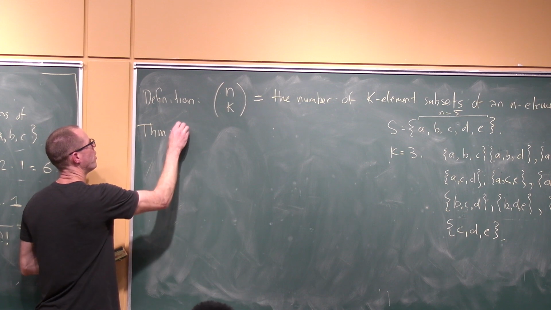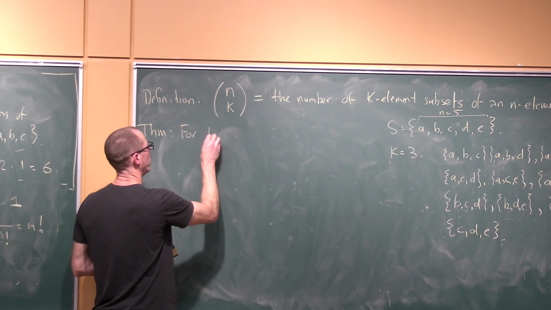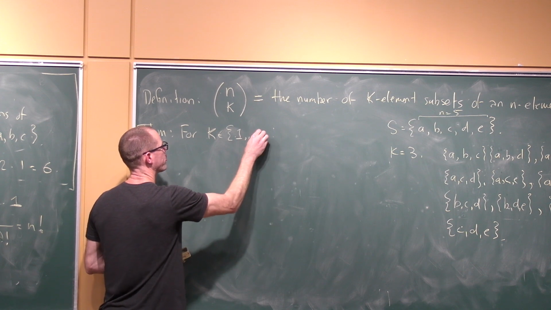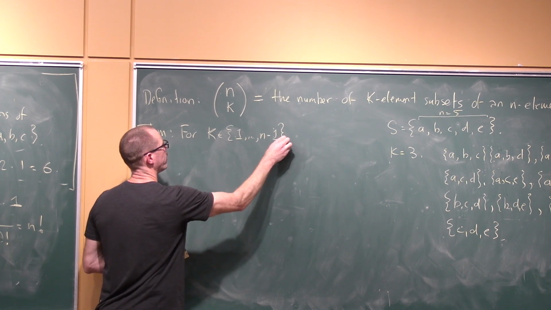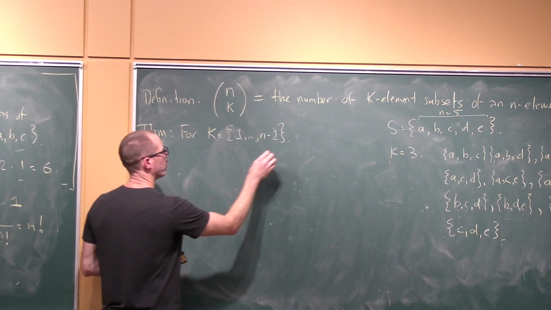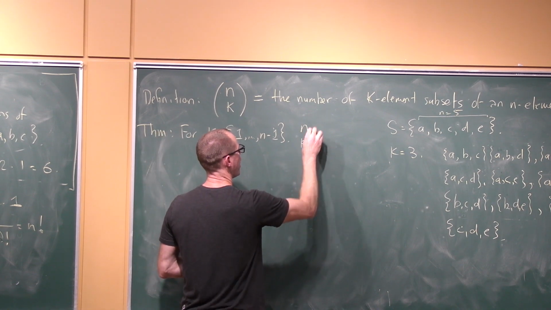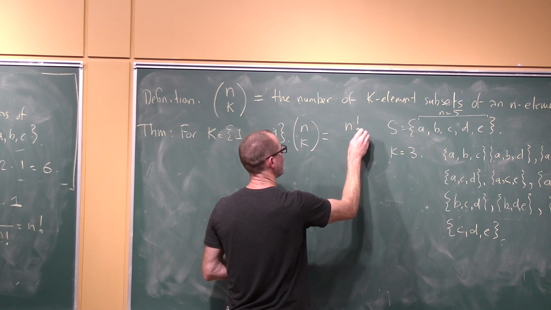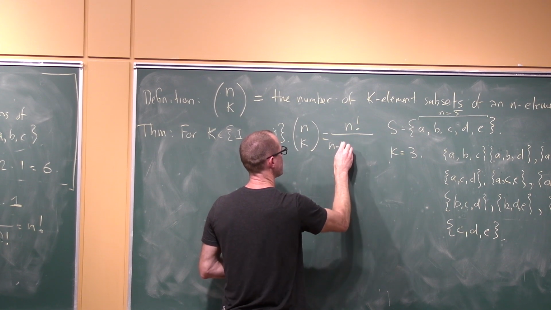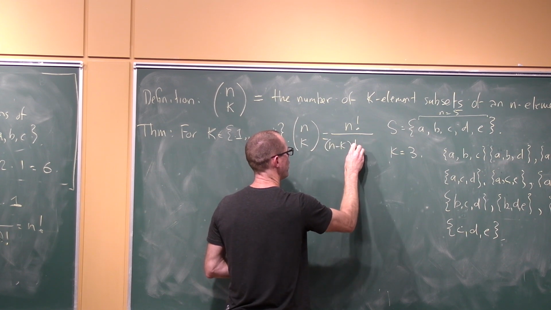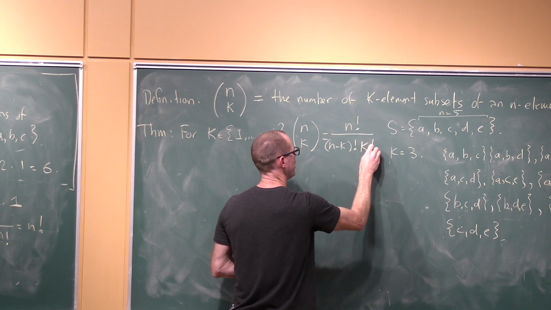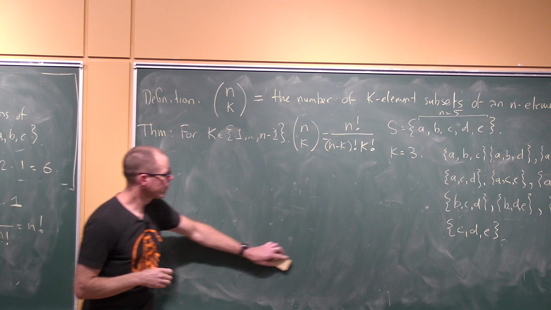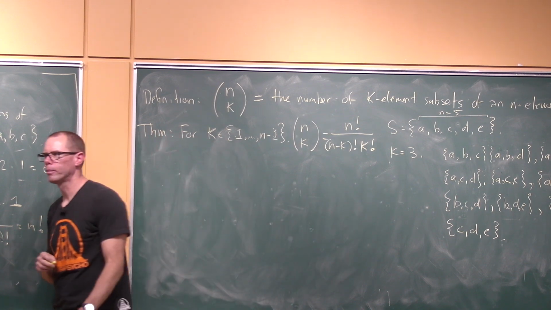And here's the theorem for k in 1 up to n minus 1. N choose k is equal to n factorial over n minus k factorial times k factorial.